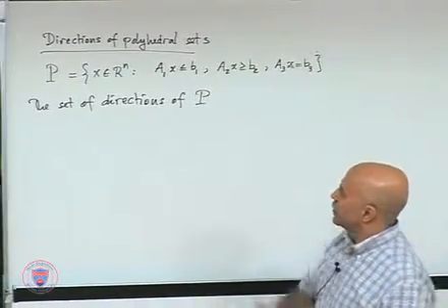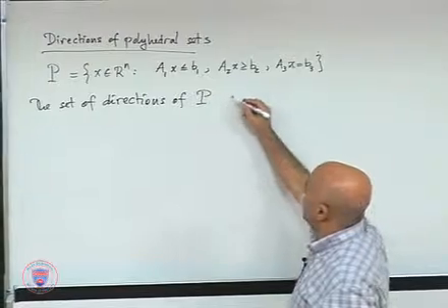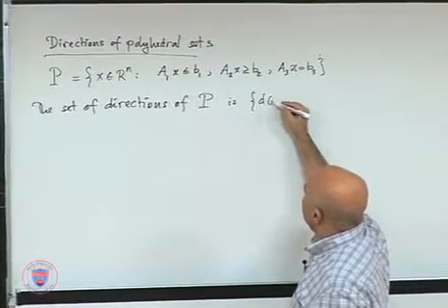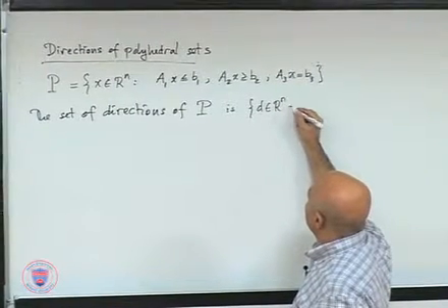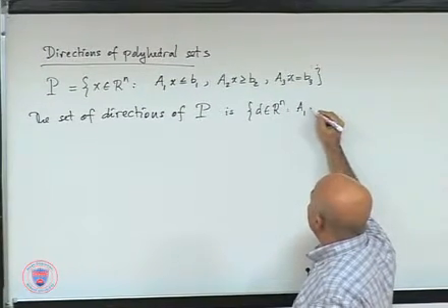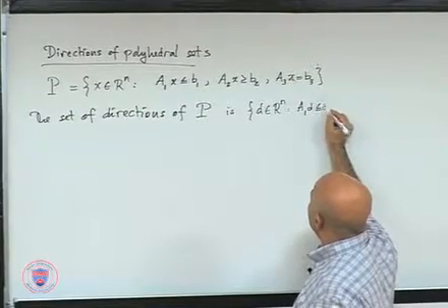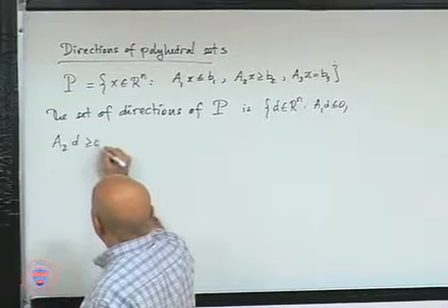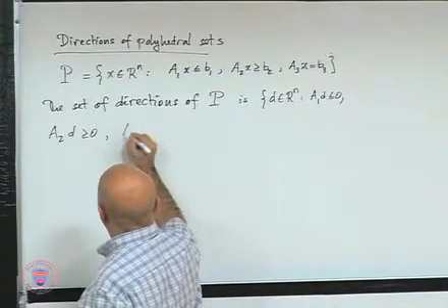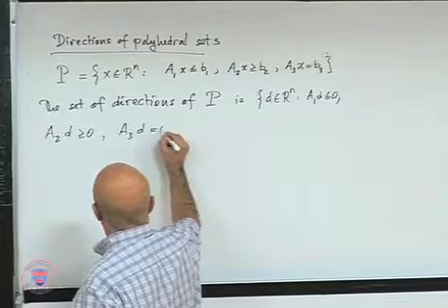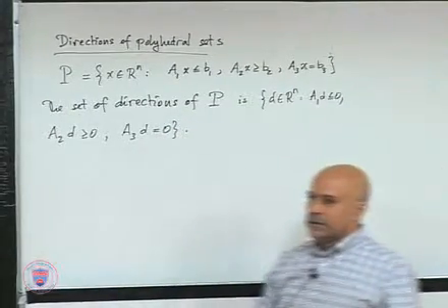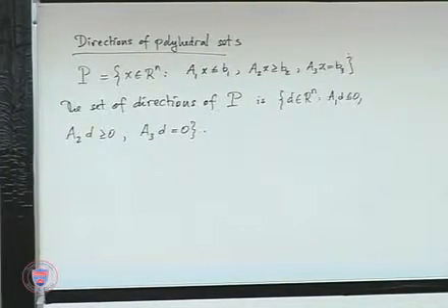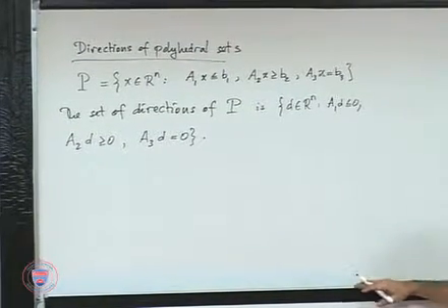Okay? So the set of directions of P is the set consisting of d such that A1 d is less than or equal to 0, A2 d is greater than or equal to 0, and A3 d is equal to 0. Why is that true? So it's really easy to find it.